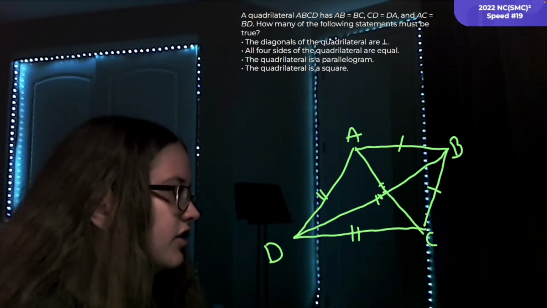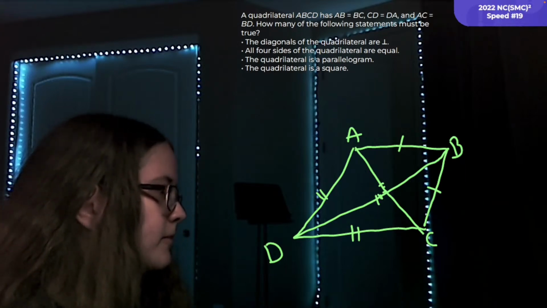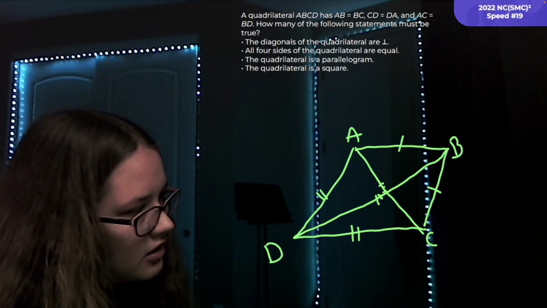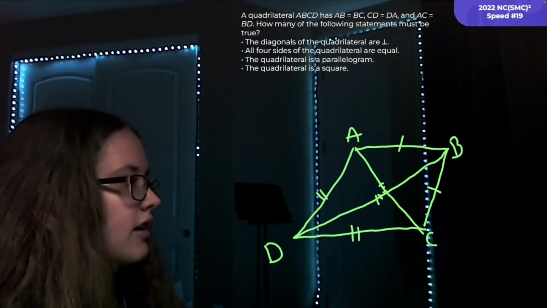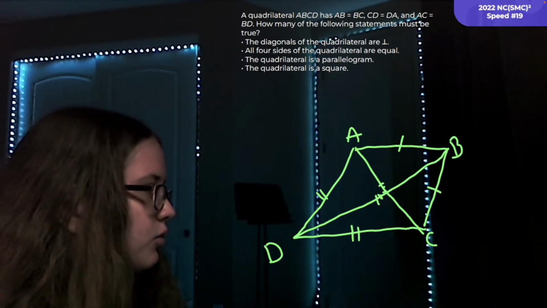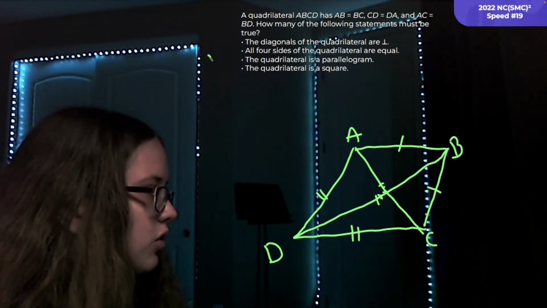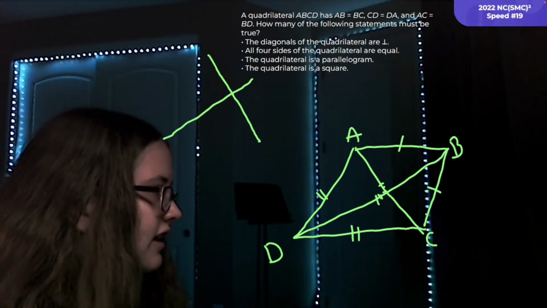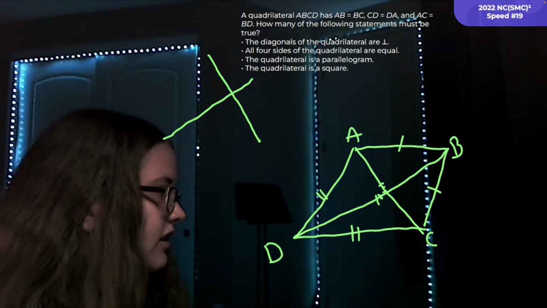Okay, so, well, I feel like we can draw a shape that's going to look like this, where the centers don't match of the diagonals, but they bisect each other, right?